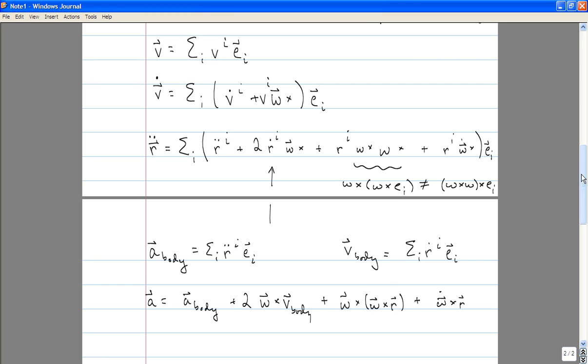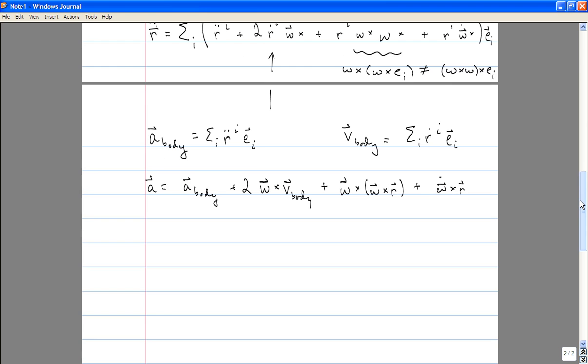So these three additional terms correspond to three so-called fictitious forces. So this term here is the centrifugal force. Force, of course, would be in quotes there. It's not a real force. It's just a consequence of writing your equations of motion in an accelerating reference frame.